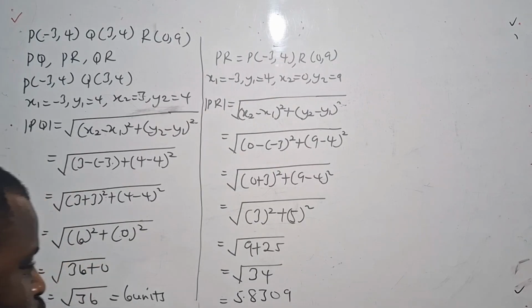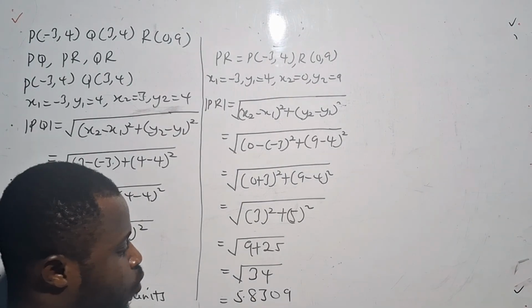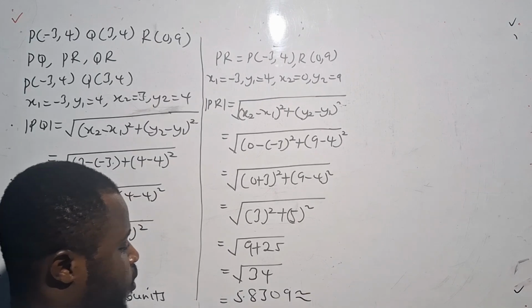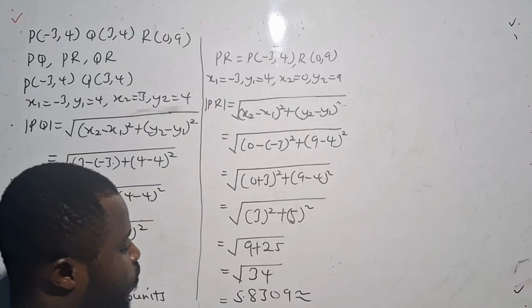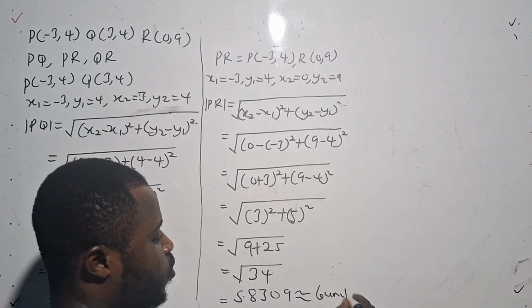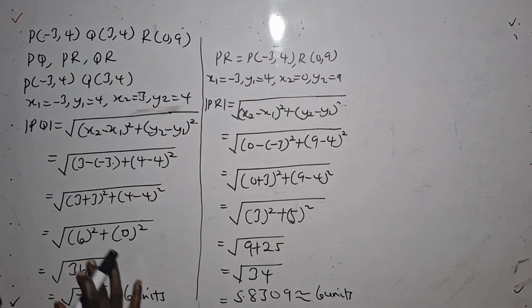Since we are looking for something equivalent to this, and the 8 here is a roundable number, we are going to approximate the figures to the nearest whole number. So we round the 8 to the 5, making it also 6 units.